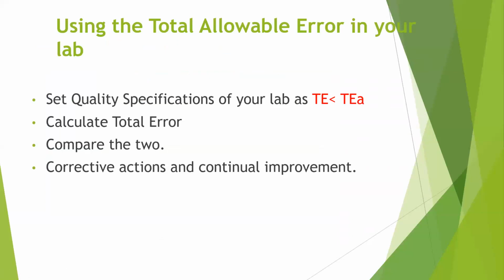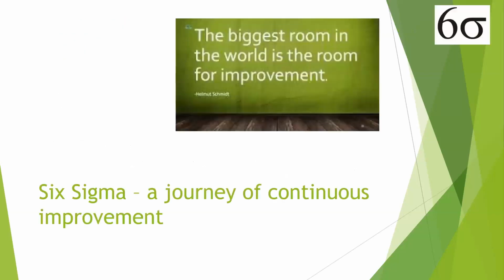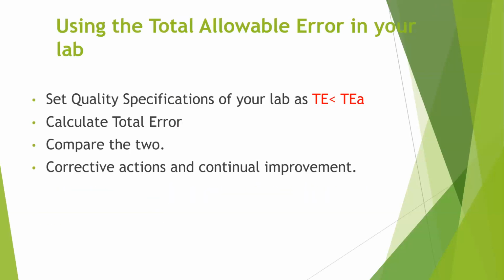Whether your total error is lesser than the total allowable error, or it is more, or it is the same, compare and then see how you can improve yourself, take corrective actions and use continual improvement to improve your own figures. So that was a bit about total error, total allowable error in your laboratory. I hope you are following.